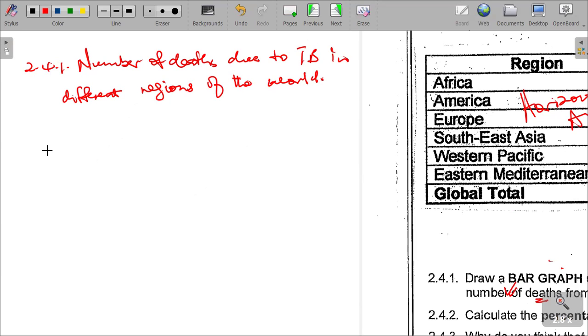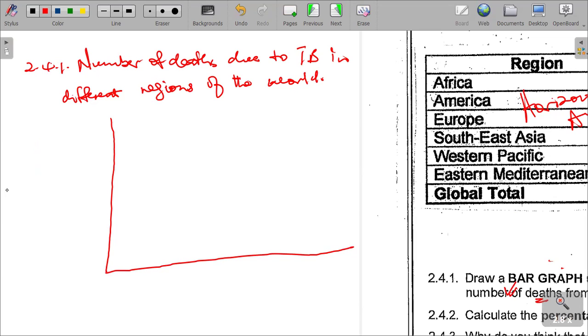So we are going to draw our graph. Note that my graph is just drawn randomly here.